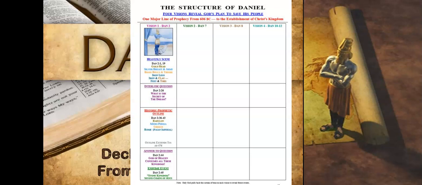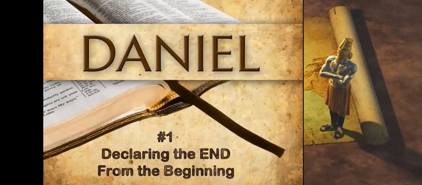It follows that exact same structure. Now that's interesting because Daniel 2, 7, 8, and then 10, 11, and 12, those 4 visions are visions that Daniel has around the prophecies of what's going to happen with the kingdoms starting from his time frame right down to the end of time.